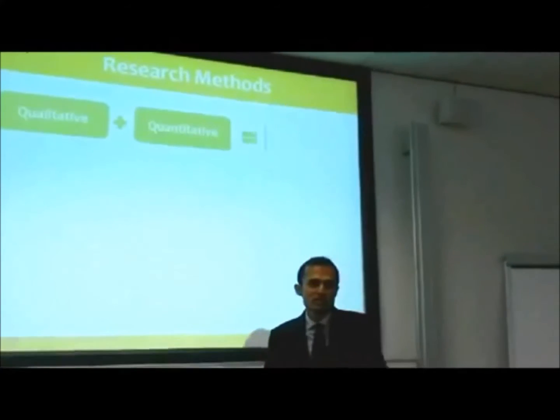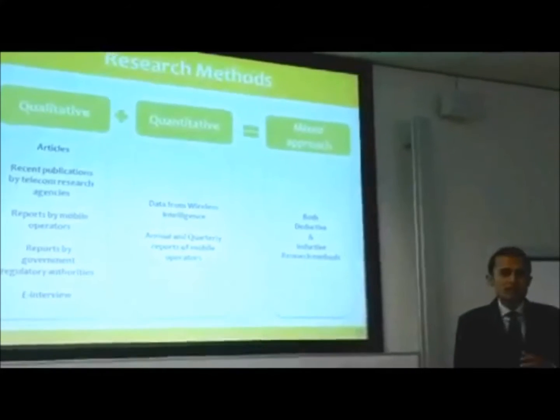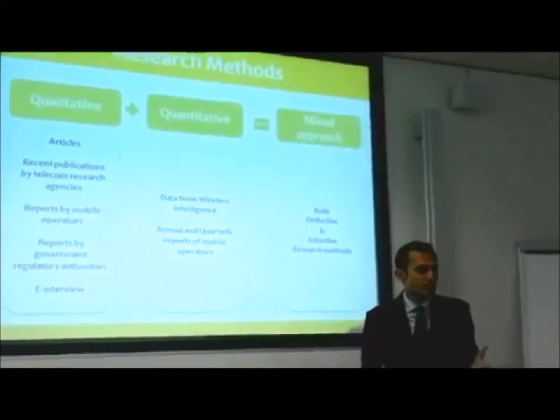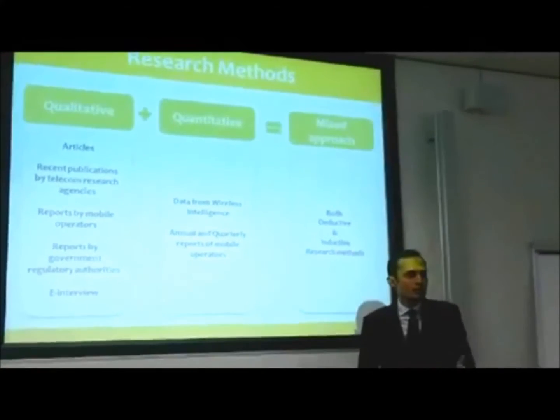Now, my research method is a mixture of qualitative and quantitative. My qualitative data has been gathered from articles, various reputed research agencies on the telecom industry, and publications and reports by regulatory authorities.